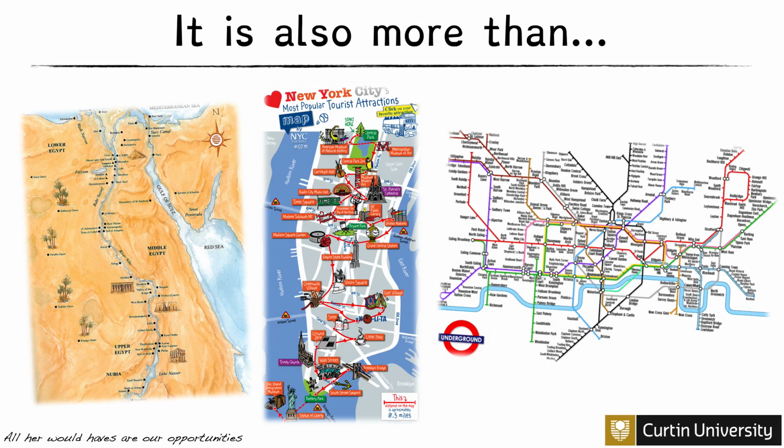So when we look at things like this, many people think of spatial as only maps. Now these certainly contribute to spatial, but it is a lot more than that. It's things like GNSS, which is Global Navigation Satellite Systems, where they provide us with exact positioning.